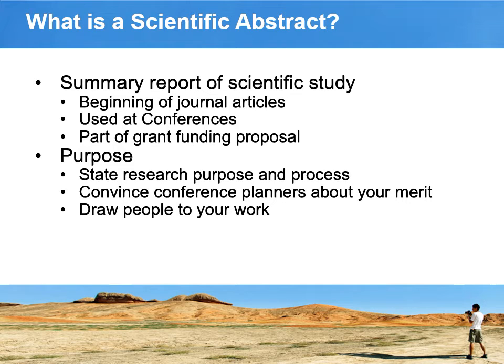It can be used at conferences, both in submitting to conferences to be able to get a presentation, or just when you're actually presenting, so that people have an idea of what to expect when they're attending your presentation. They're also used as part of a grant funding proposal, and we'll talk about that a little bit more later.